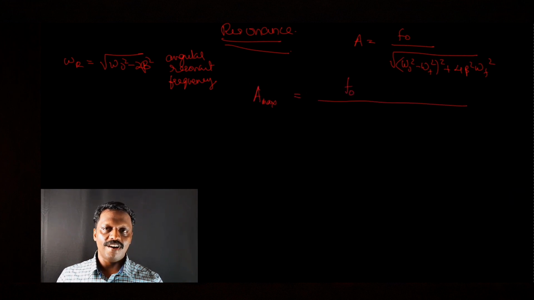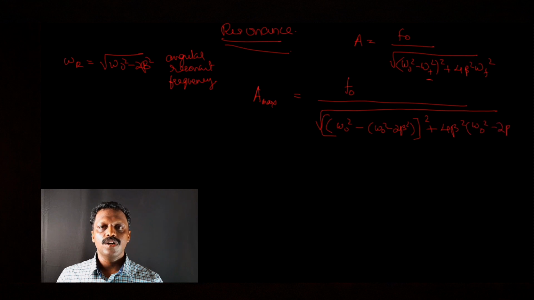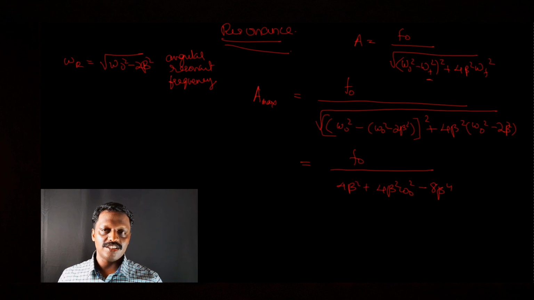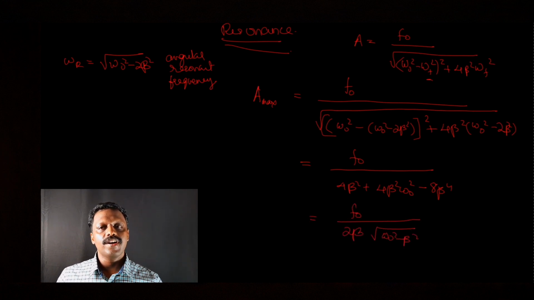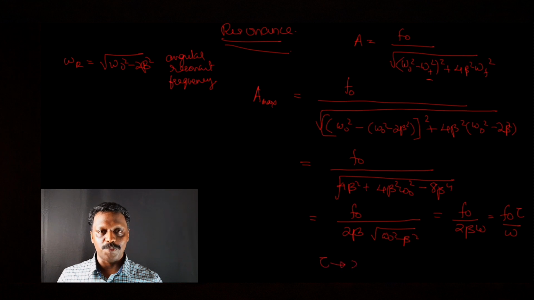And by simplifying, we have A maximum, that is the maximum amplitude, is equal to f naught divided by 2 beta omega, as omega is root of omega naught square minus beta square. This can be written as f naught tau by omega, where tau is the relaxation time, which is numerically equal to 1 by 2 beta.